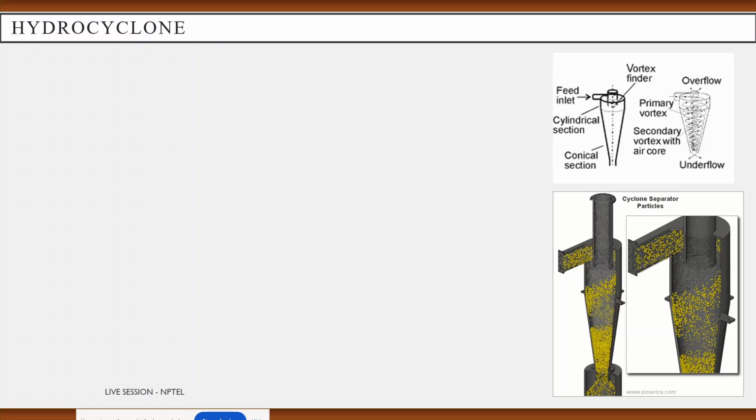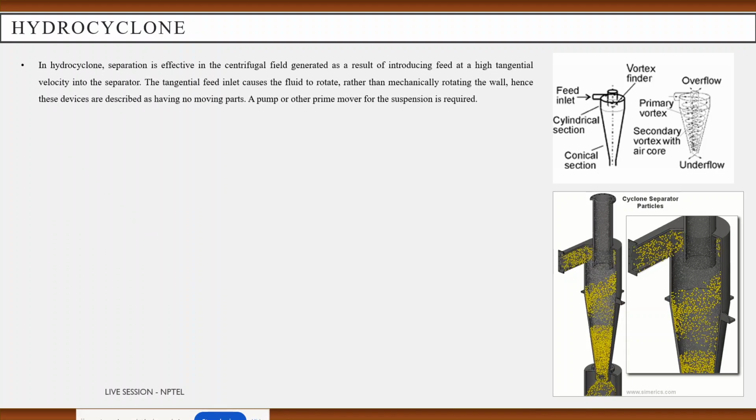So now we are going to discuss the hydrocyclone part. We have already discussed how important this is for separating very fine particles from the gas stream.